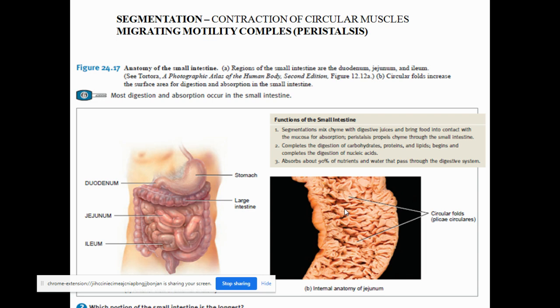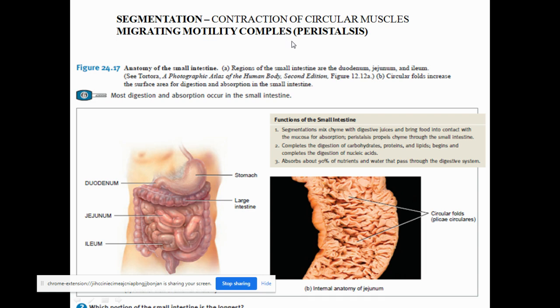This mixing helps the nutrients come in contact with the individual enzymes. The digestive juices come in close contact with the food along the tract, and it gets easily digested into individual components.